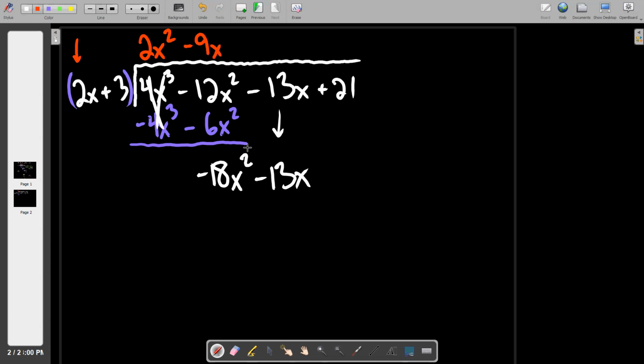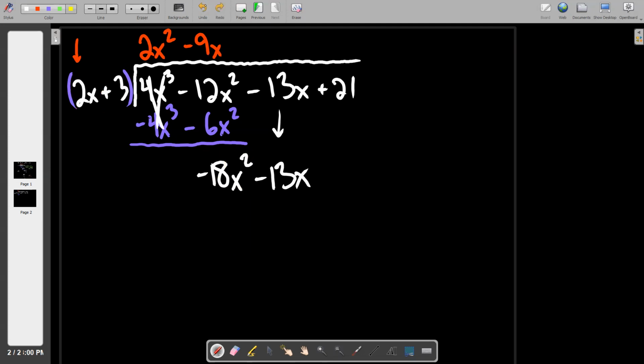So you take whatever number would make negative 18x squared. I'm trying to turn this into this. By making that, I guarantee myself that I will put something in this yellow box that will cancel with that. Does that make sense?